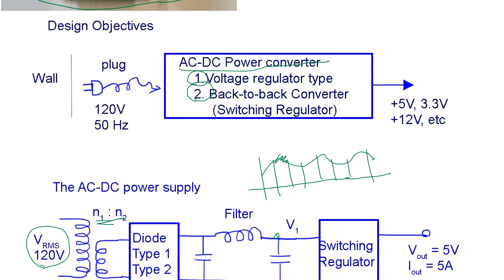and eliminate this part. So basically the waveform becomes like this, right? If you want 5 volt output, the duty cycle is 50%.